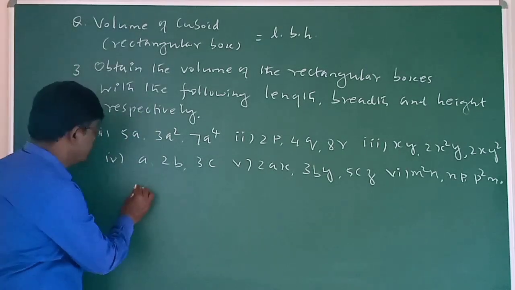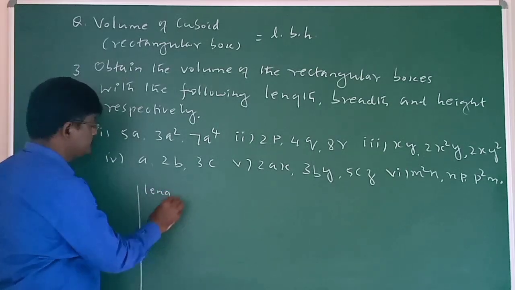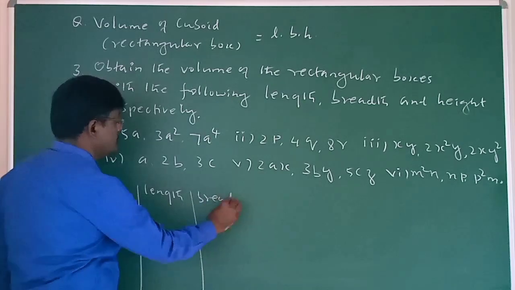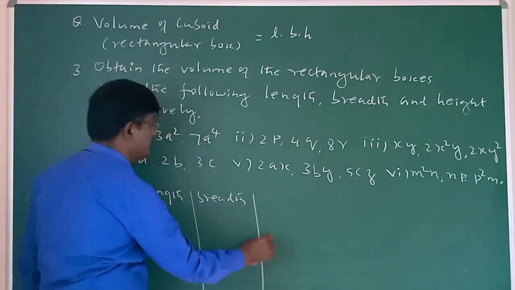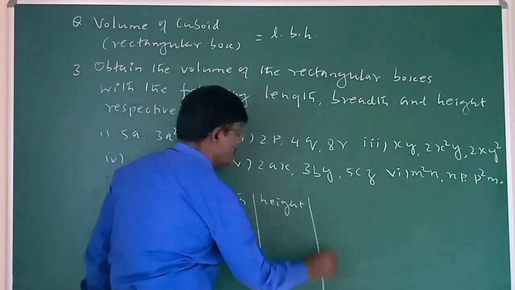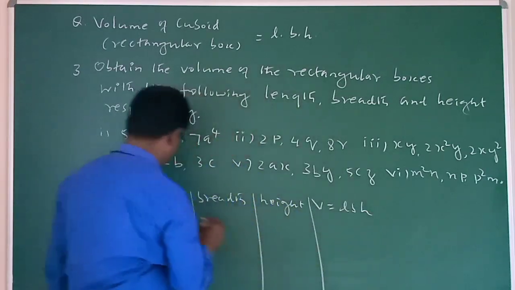Okay, children. In the tabular form, let us take first length, breadth, and then height. Volume V equals LBH.